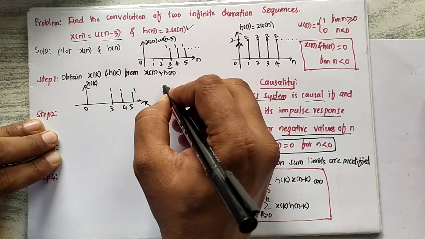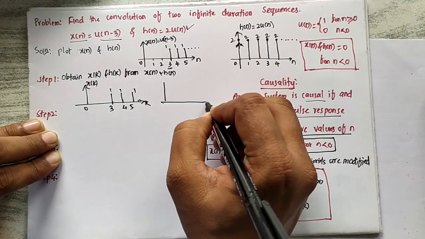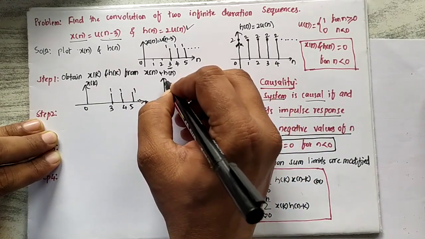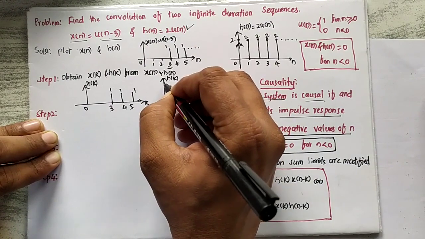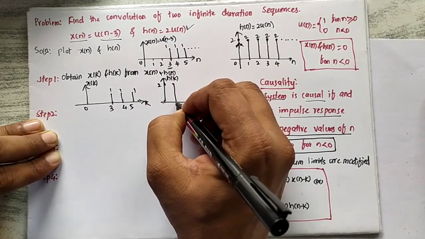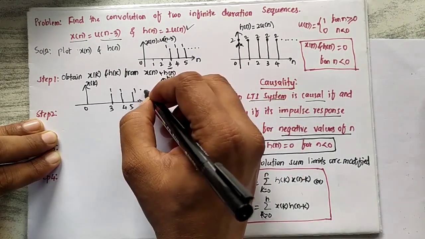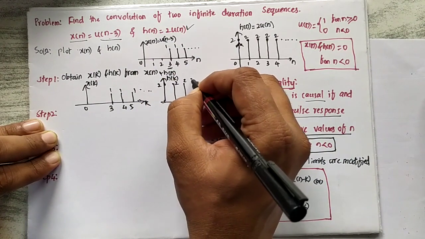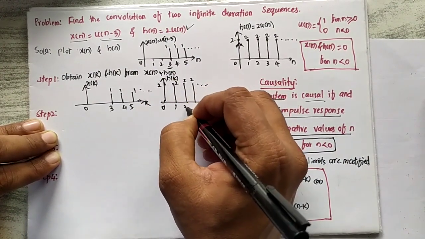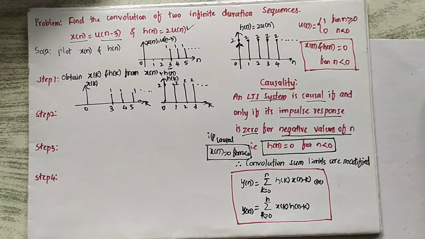This is x of k, and here I have my h of k with amplitude 2. Two, 0, 1, 2, 3. This is x of k and h of k.